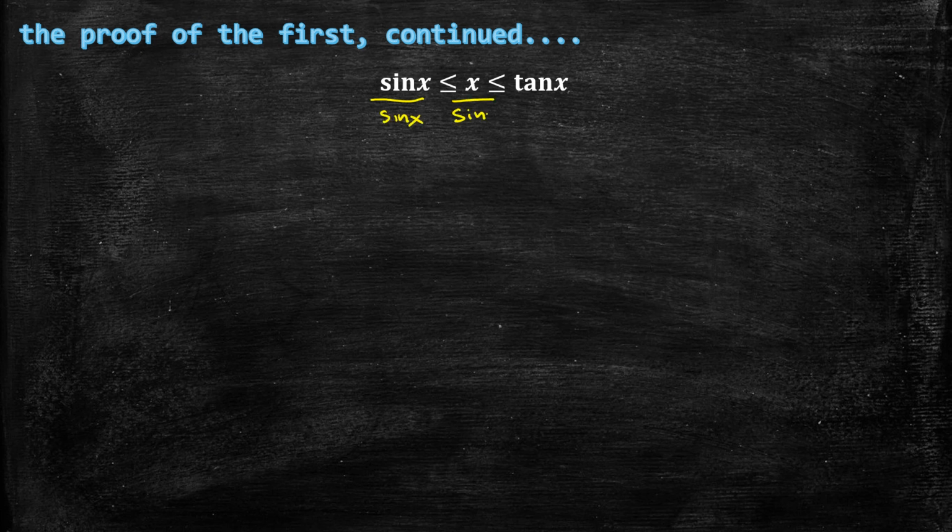Now realize that the direction of the inequality only stays true if sine x is positive. It is possible that sine x could be negative if x were in the 4th quadrant, if the angle was a negative value. In both cases, the limit as x approaches 0, this would be approaching 0 from the right, and this would be the case of x approaching 0 from the left.